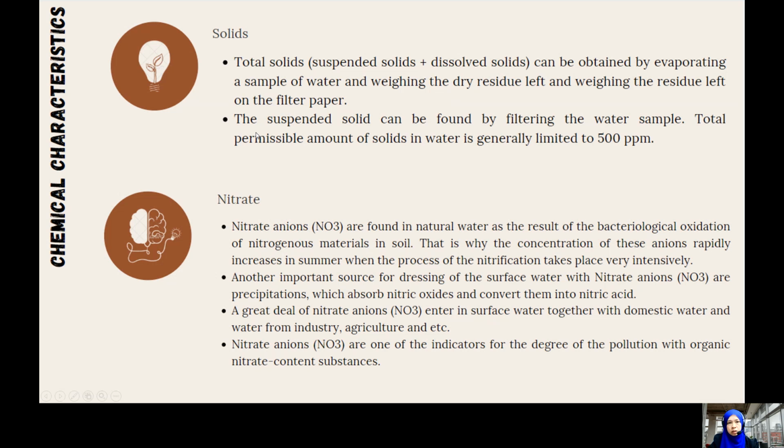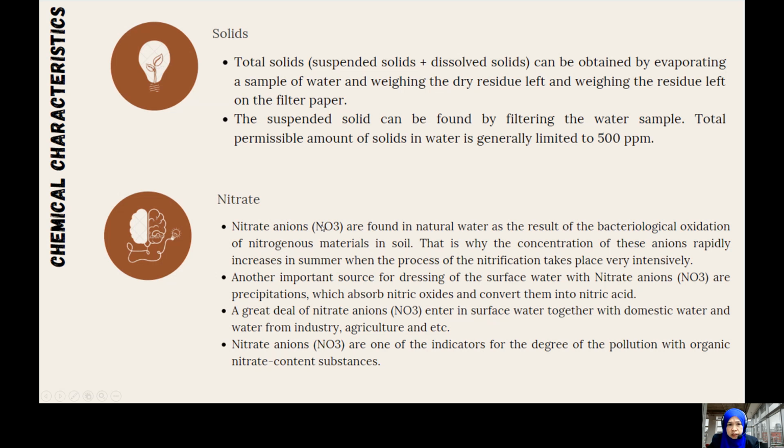The total permissible amount of solids in the water is generally limited to 500 ppm, it cannot be larger than 500 ppm.